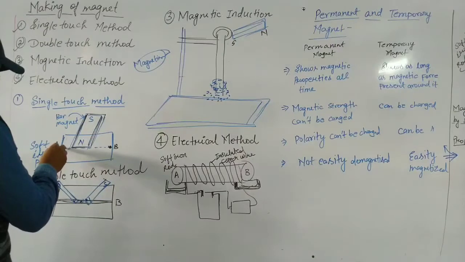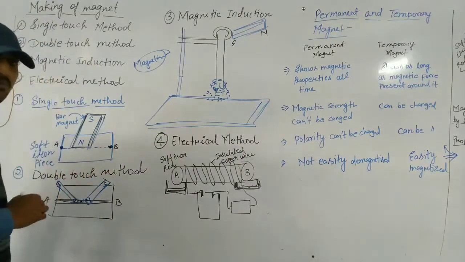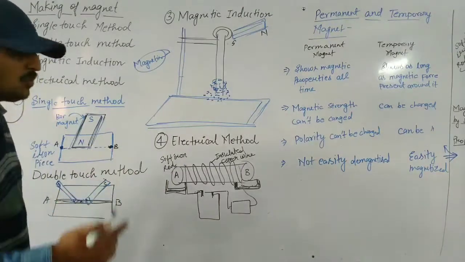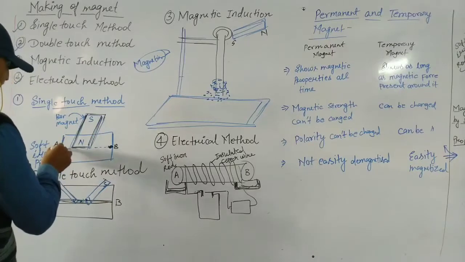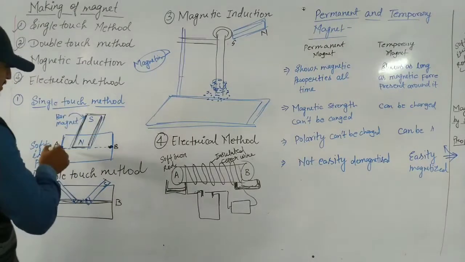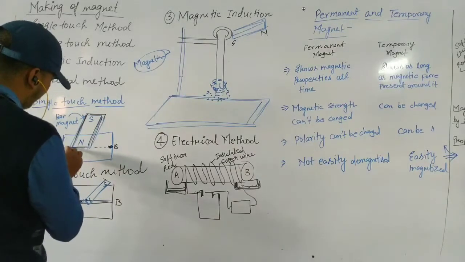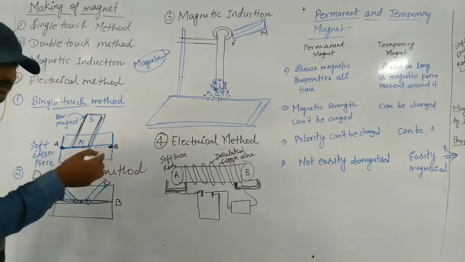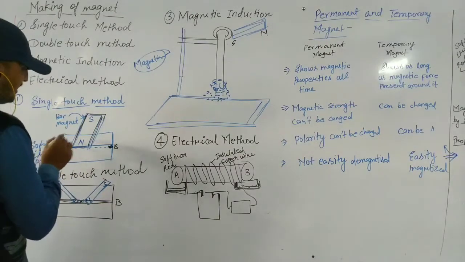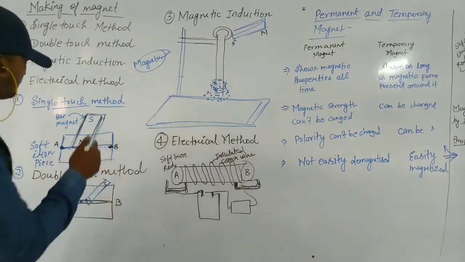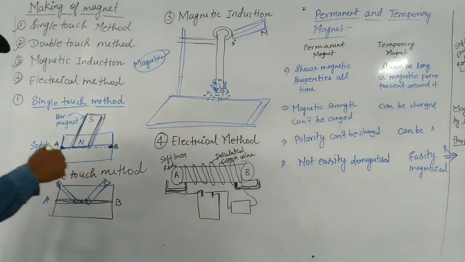Suppose this is the first end of this soft iron, A, and this is the second end, B. What we have to do is place the north pole of this bar magnet here and slide it from A to B, and we have to do this process again and again, repeatedly.